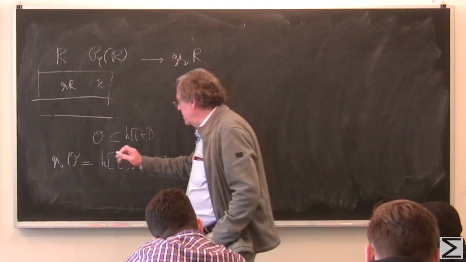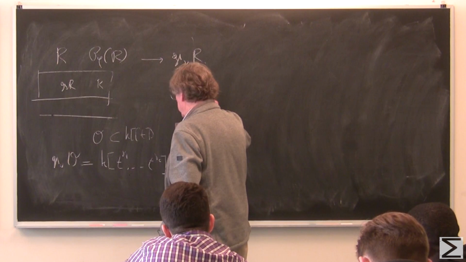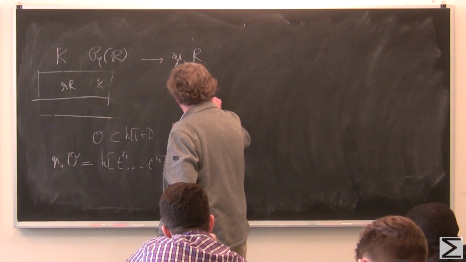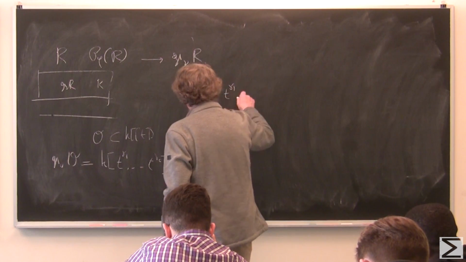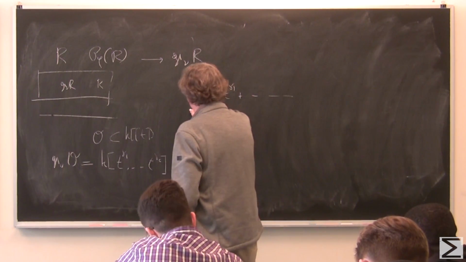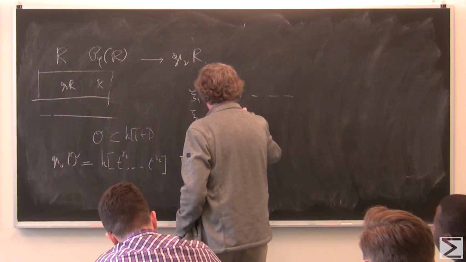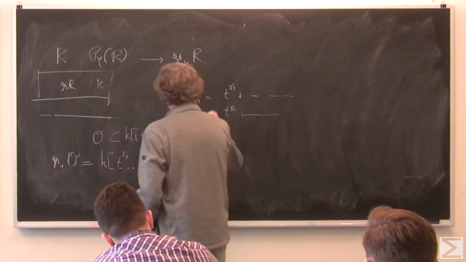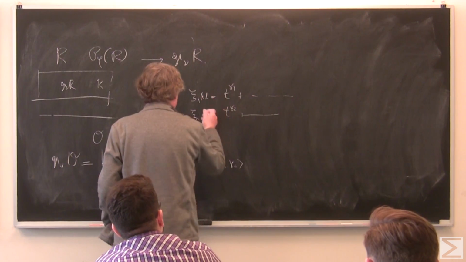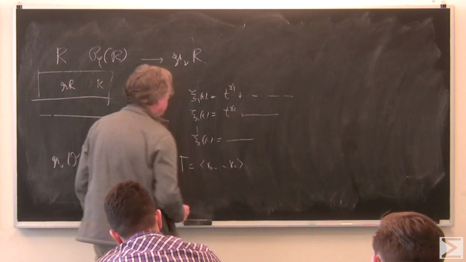Now, to look at it a little bit more closely, it means I have elements in O, let us say C1, which can be written as T to the gamma 1 plus higher order. And C2 is T to the gamma 2 plus higher order, and so on, up to Cc. Now, so C1 of T, C2 of T equals this, okay?